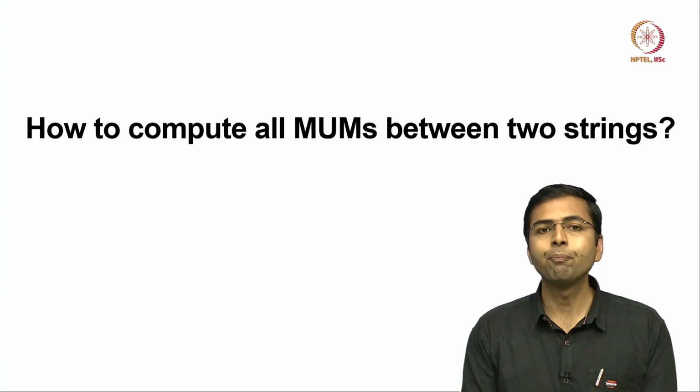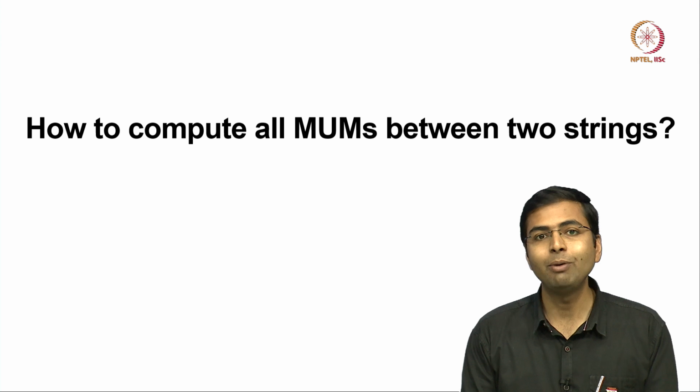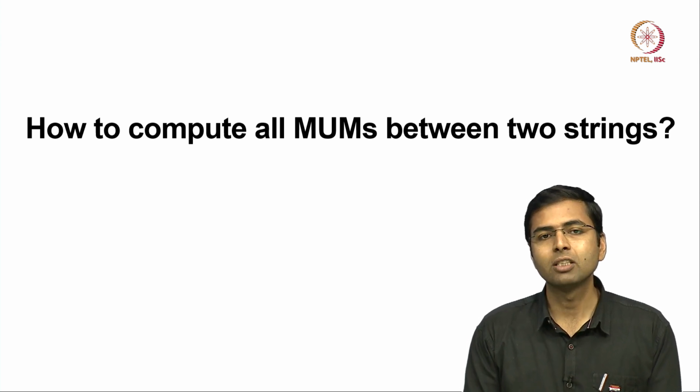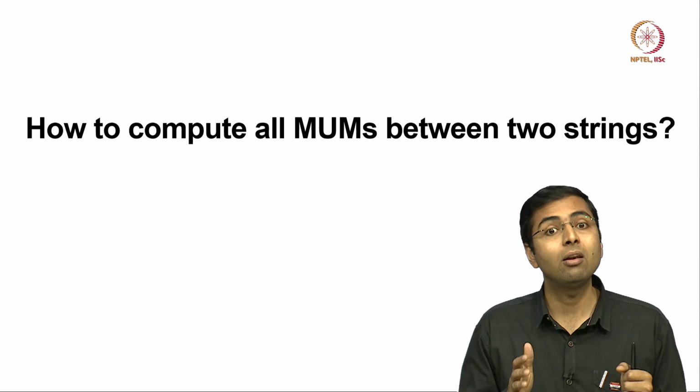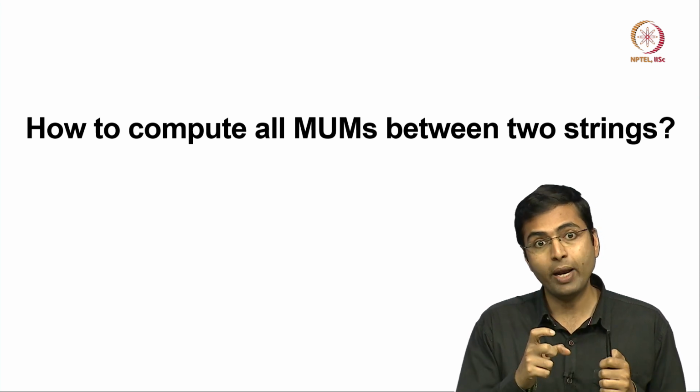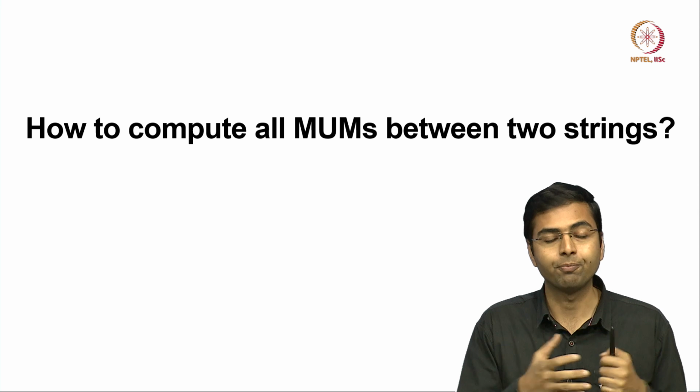Now, how do we compute all these maximal unique matches between two strings? Our goal is to identify all maximal unique matches, so that we can identify the regions in the text where we should be aligning the pattern.